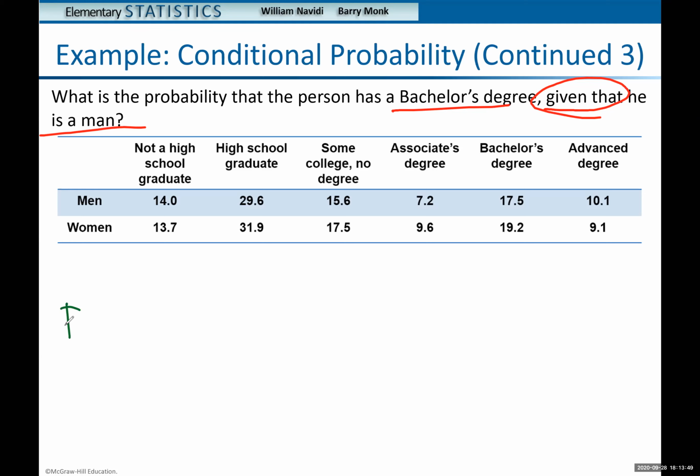So the probability that the person has a bachelor's degree, given that, so this line here is for a conditional probability, meaning given that he is a man.